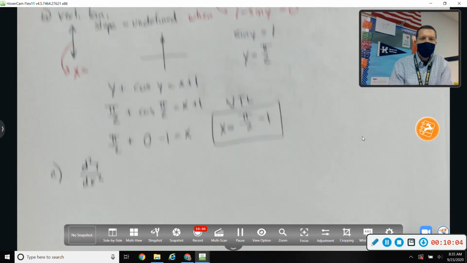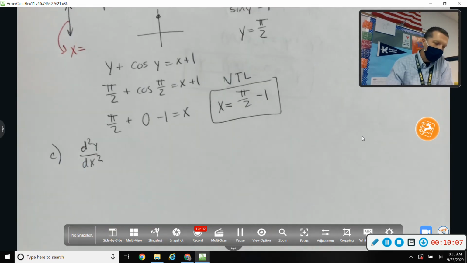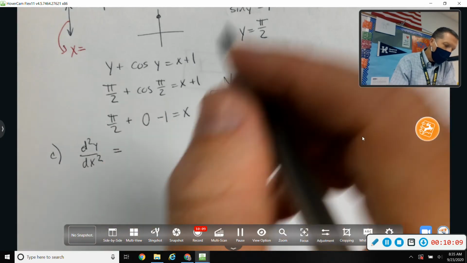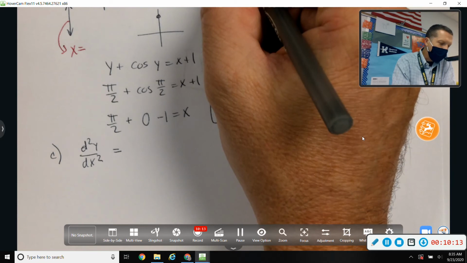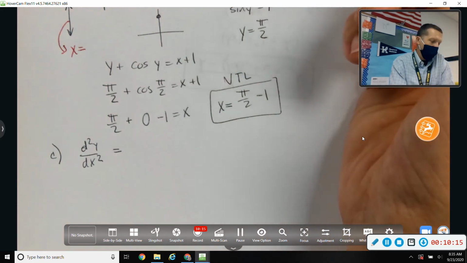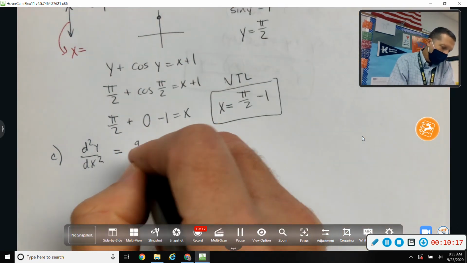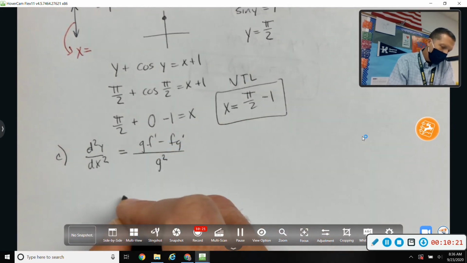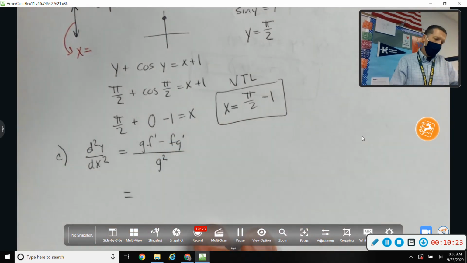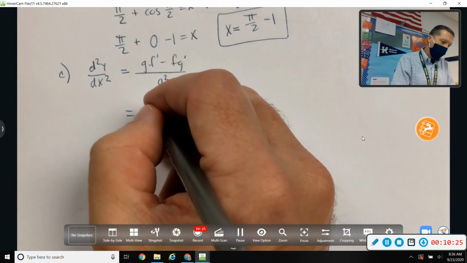It won't all fit on the screen here, but the second derivative is g f prime minus f g prime over g squared. Oh, that's kind of nice, because f prime is 0. Well, f prime is 0, so it doesn't matter what g is.